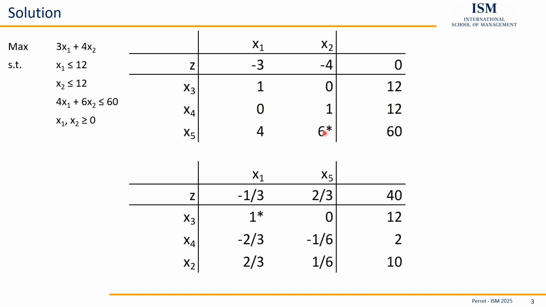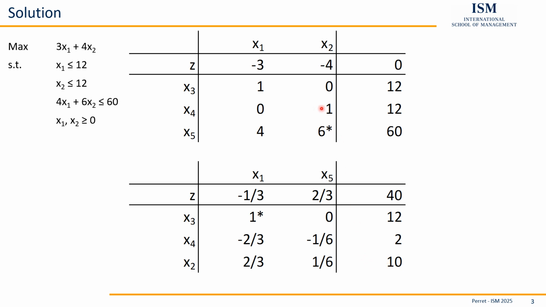Then for the pivot element, I go with 1 divided by pivot element. So here I have 1/6. For all the other values in the pivot row, I'm going to simply divide them by the pivot element. So I go 4 divided by 6 and 60 divided by 6, giving me 2/3 here and 10 here.